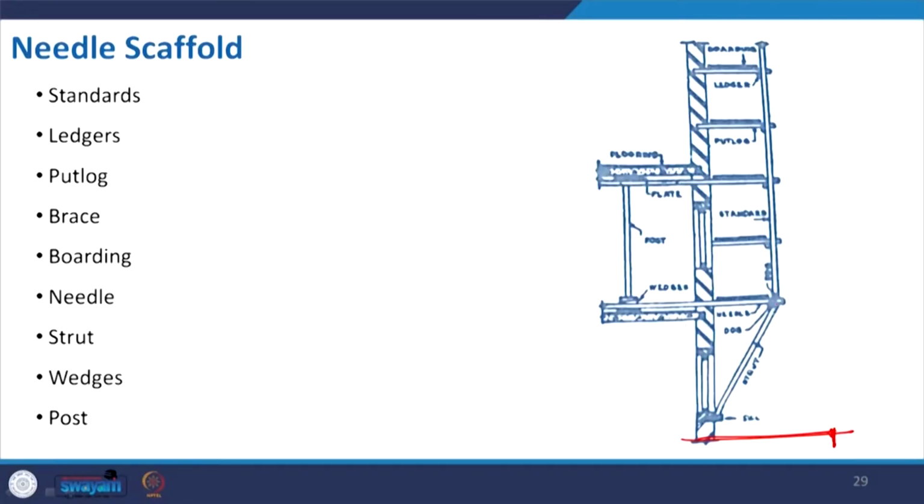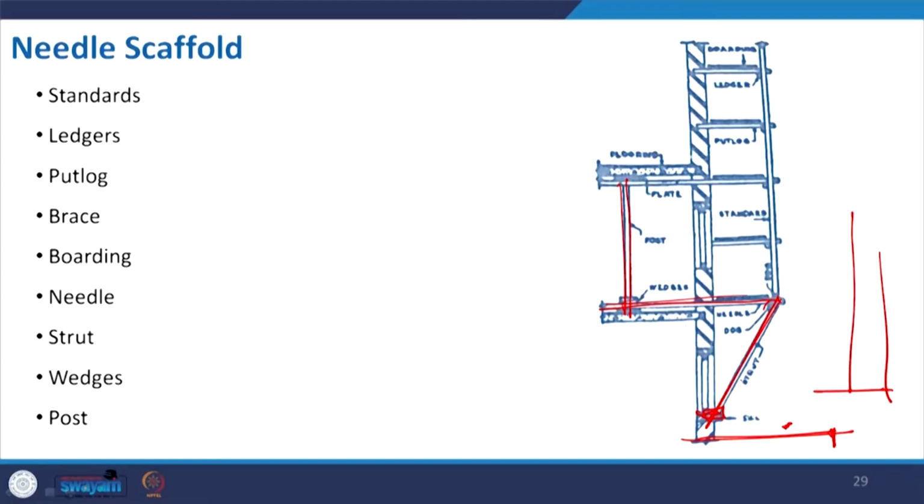So we can use big needles, put those needles inside your structure, give support with props, and with inclination you can fix it with the sill level, and then you make your scaffolding for repairing the upper structure. So it has no connection with the ground. This is different from the others. The few other categories that we discussed always have a connection with the ground, but here it is not.